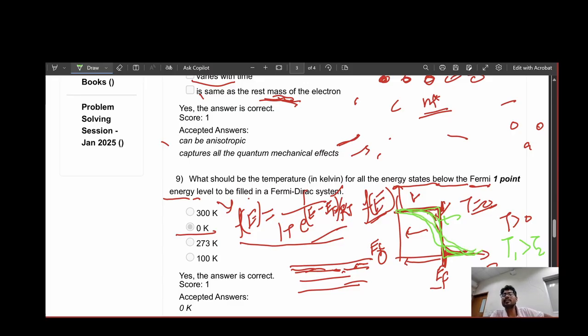If you increase the temperature, the probability of finding an electron above the Fermi level will also increase. But at T equal to 0, all the energy states below EF will be filled. This is the EF, this energy state, and all the states below EF will be filled at T equal to 0.